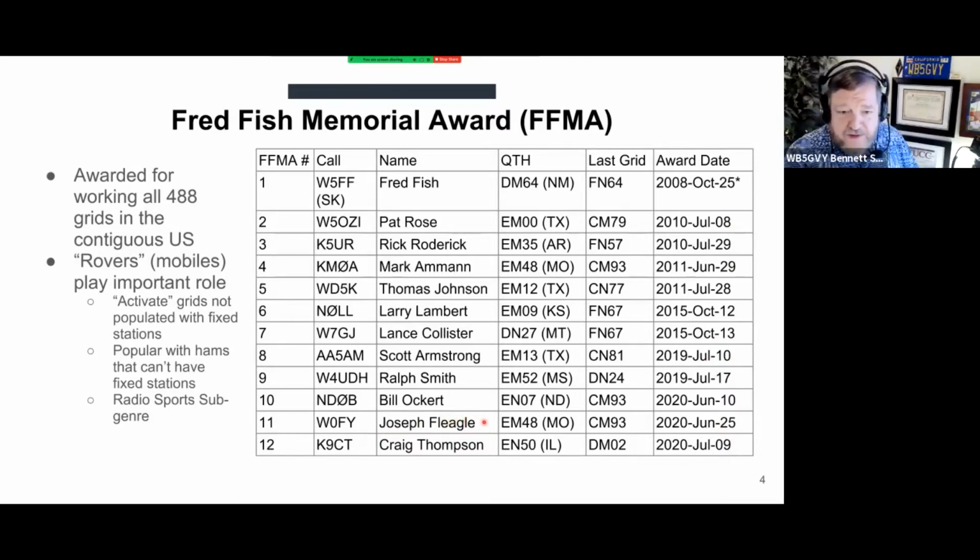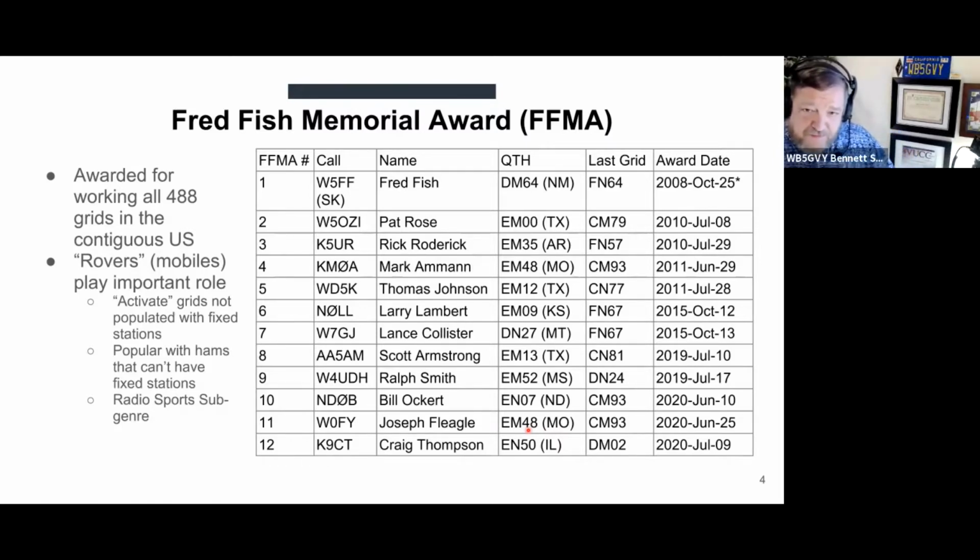An important way this comes about is from rovers or mobiles. They play a very important role in that a lot of these grids are very sparsely populated with hams. So rovers will go out and activate those grids, and they'll announce this in advance, and we'll discuss some of the social media associated with 6 meters and Meteor Scatter.